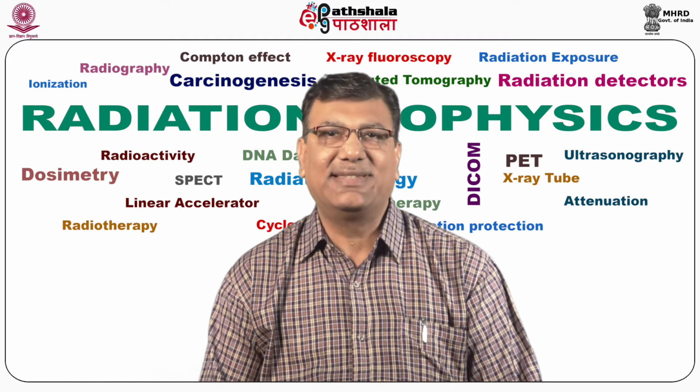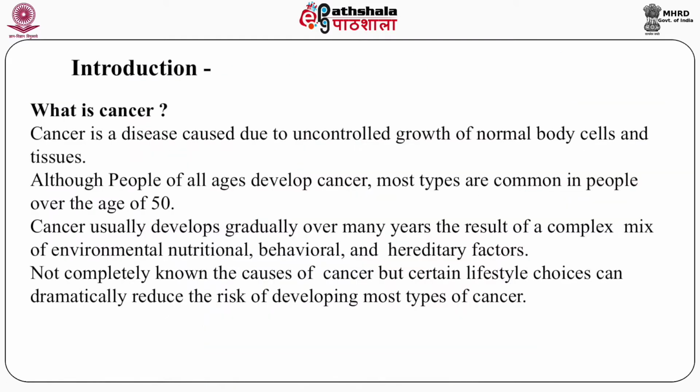Now the point comes, what is cancer? Cancer is a disease caused due to uncontrolled growth of normal body cells and tissues. Although people of all ages develop cancer, most types are common in people over the age of 50. Cancer usually develops gradually over many years, the result of a complex mix of environmental, nutritional, behavioral, and hereditary factors.